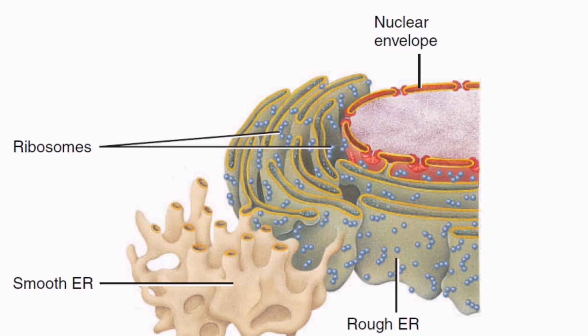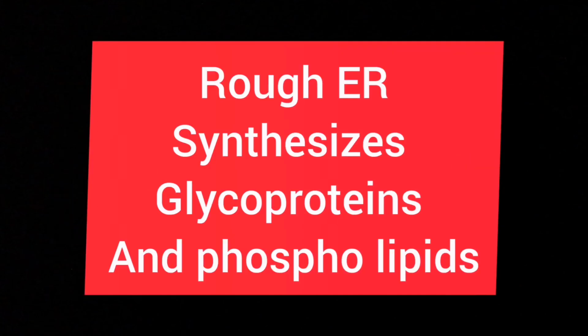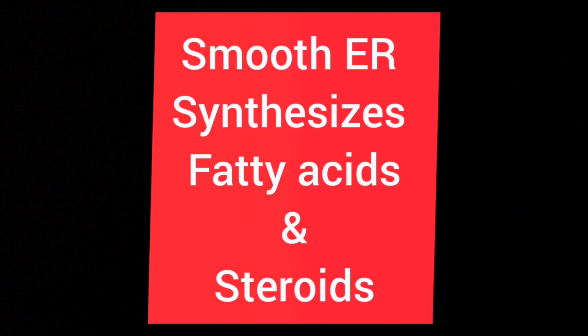Next, rough endoplasmic reticulum is attached to the nuclear envelope, while smooth endoplasmic reticulum is not attached to the nuclear envelope. There are some differences in function also. Rough endoplasmic reticulum synthesizes glycoproteins and phospholipids, while smooth endoplasmic reticulum synthesizes fatty acids and steroids.